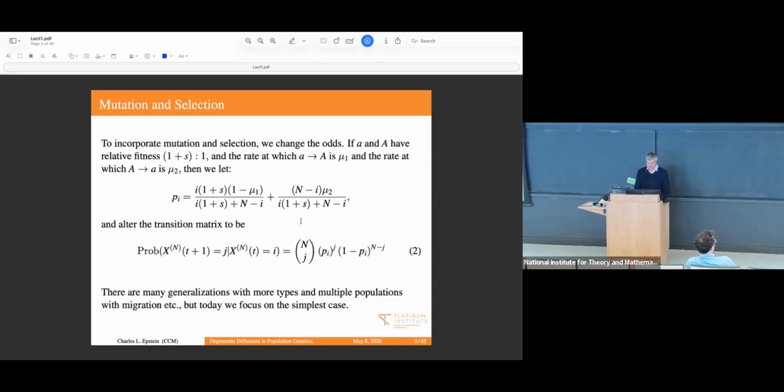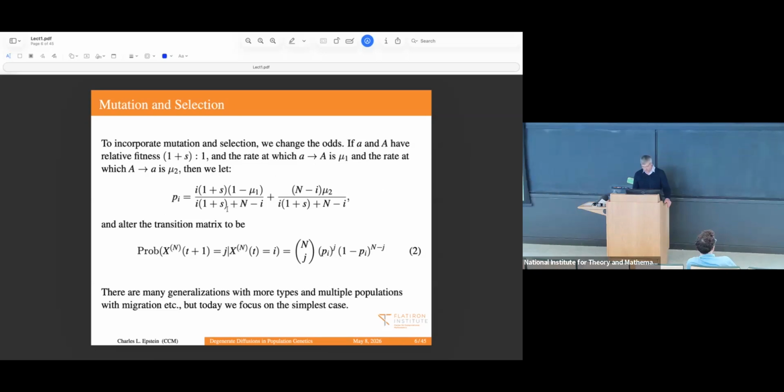Now, if you want to have mutation and selection, you just twiddle the odds. Little a and big A have relative fitnesses 1 plus s to 1, the rate at which little a goes to big A is mu1, and the rate at which big A goes to little a is mu2. Then we just change the probability.